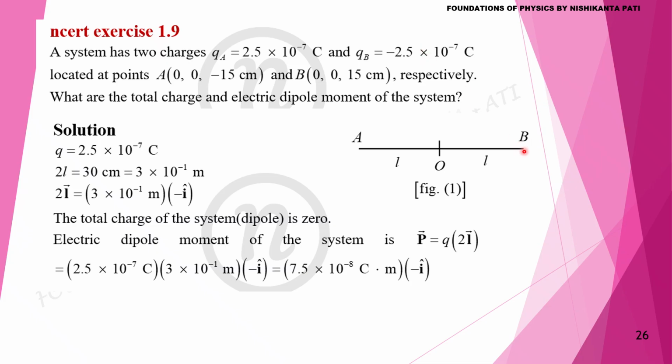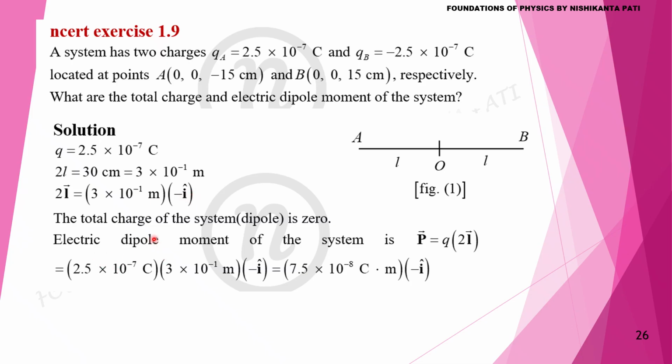So the dipole moment direction is from negative to positive. So that is why 12 vector is also from negative to positive. So 12 vector is this much minus I cap.